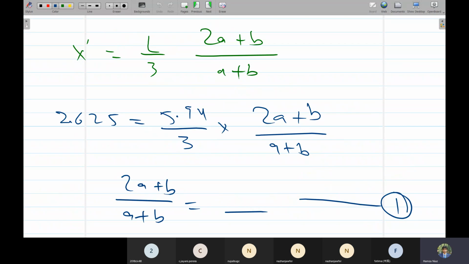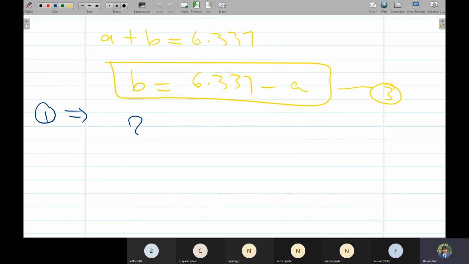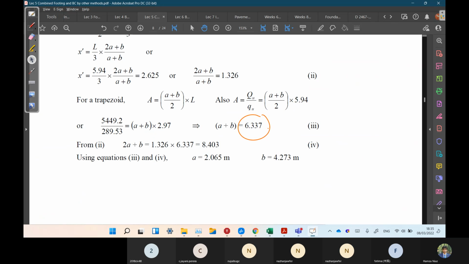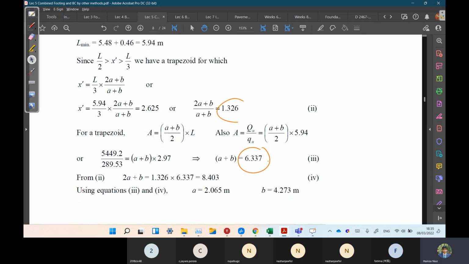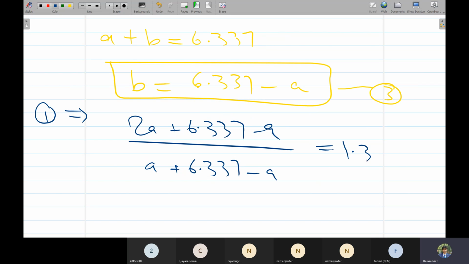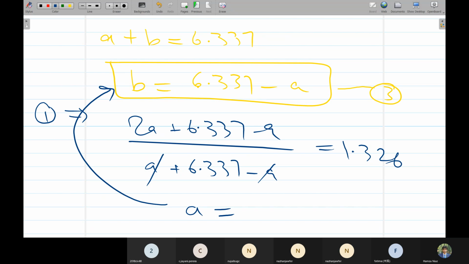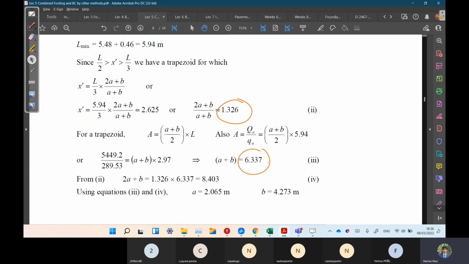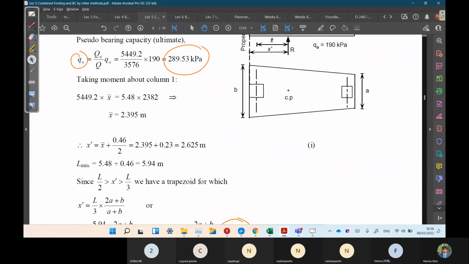Our equation 1 was (2A plus B) over (A plus B), so (2A plus 6.337 minus A) over (A plus 6.337 minus A), instead of B we have written this value, is equal to 1.326. So simply we can calculate the A value from here, put this A value here and calculate the B value. This is how we can know all the dimensions of the trapezoidal.